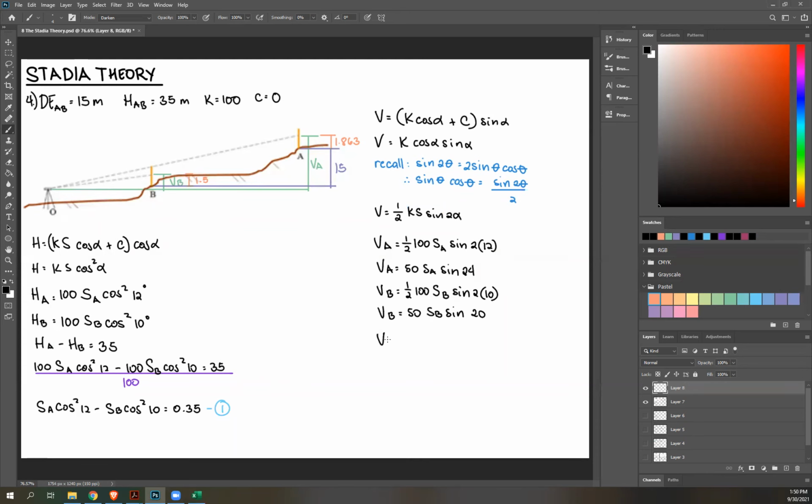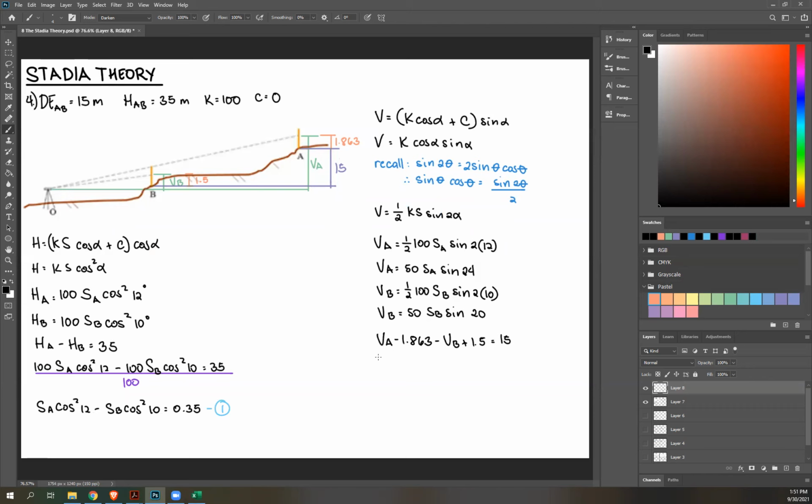So VA, again, minus 1.863, minus VB plus 1.5, and that's equal to your difference in elevation, 15.